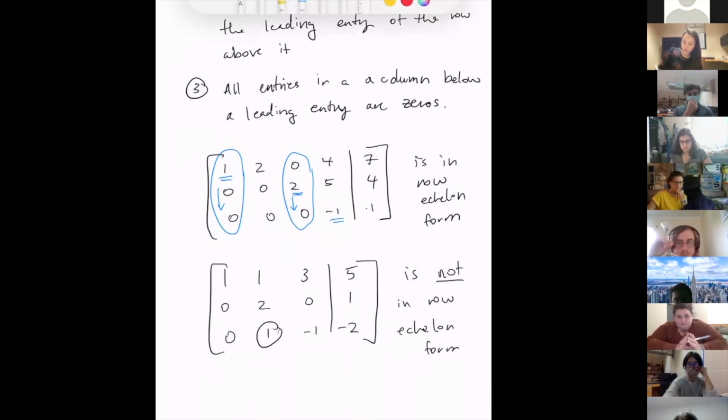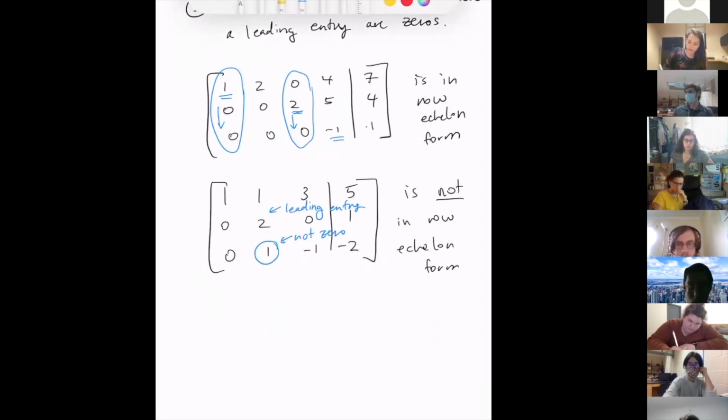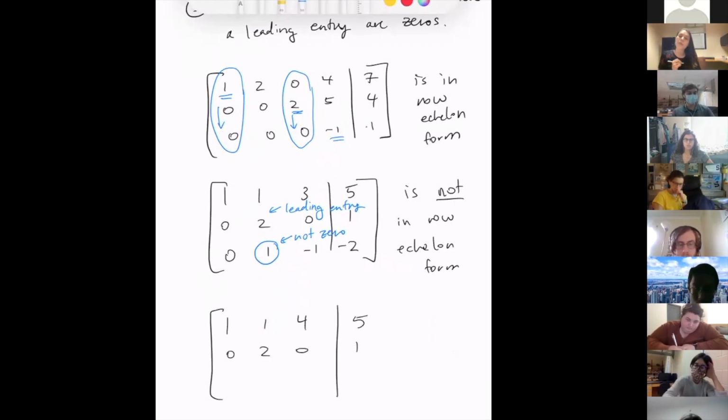So just to write this out, this is not 0, and this is the leading entry. Okay, and then just one more example here, because there's something else I wanted to point out about it as well. If you could turn that into row echelon form, you could do an operation with the second row, right?